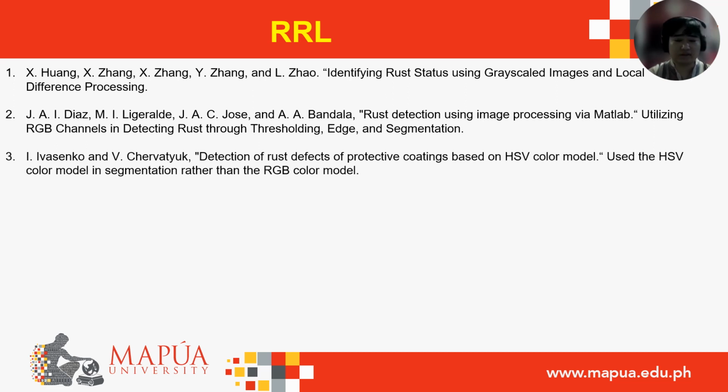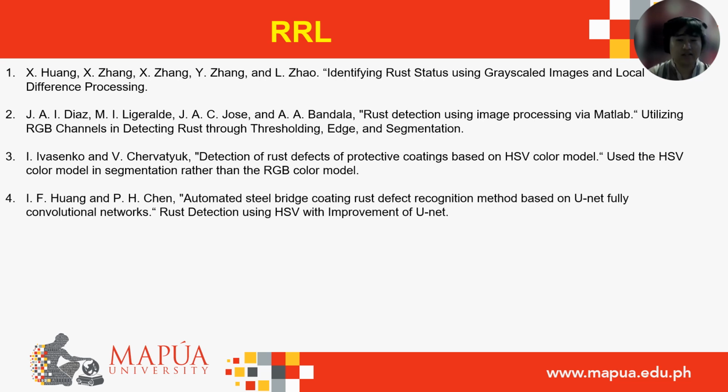Third study by Ivanescu and Co. used the HSV color model in segmentation rather than the RGB color model, and concluded that the saturation component is the most relevant in HSV for segmenting rust as it can be identified in the image. Fourth study suggested that the HSV model could be enhanced by utilizing a fully convolutional neural network unit.